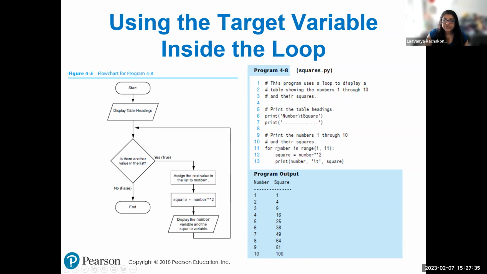So for the first iteration, number will be 1. Next, you are assigning a variable that is square is equal to number exponent 2. You are printing number square. Notice \t will give us a tab space. We already know that from special characters in chapter 2, I guess. Next iteration, number will be 2. Next 3, next 4, and so on till 10.